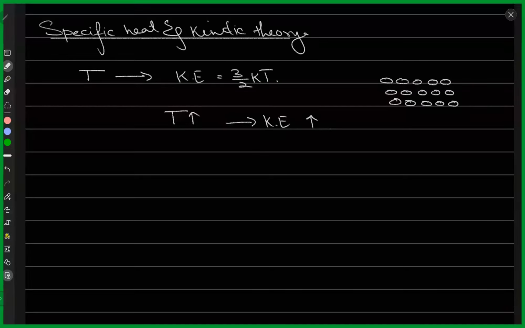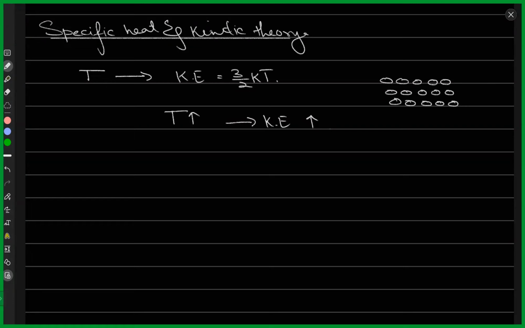Okay, so if I raise the temperature, the molecules would start moving faster. And if the molecules start moving faster, then that just means that their kinetic energy has increased, right?